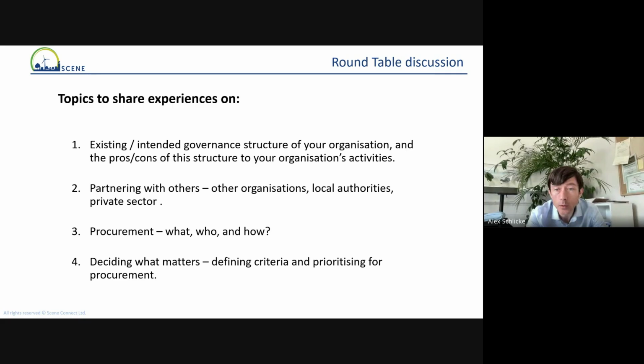But it's also been used for developing community energy projects. So I don't know if anyone on the call has heard of the heat network at Swaffham Prior, but it's one of the only heat networks that has been developed by a community.